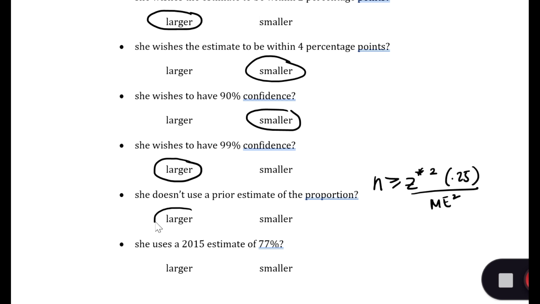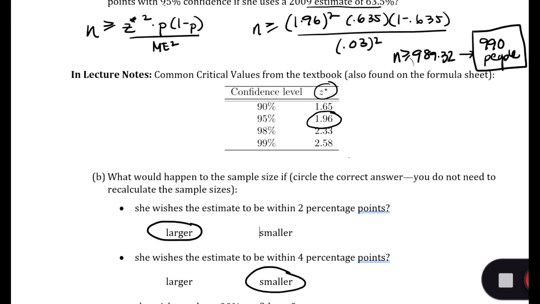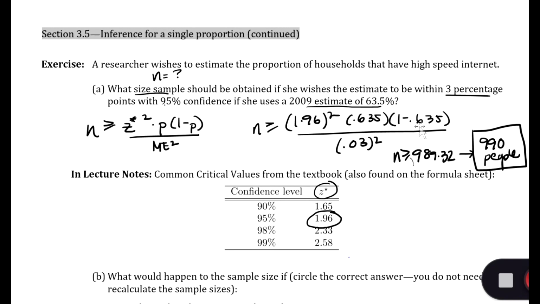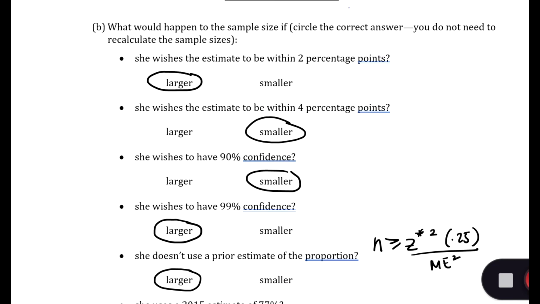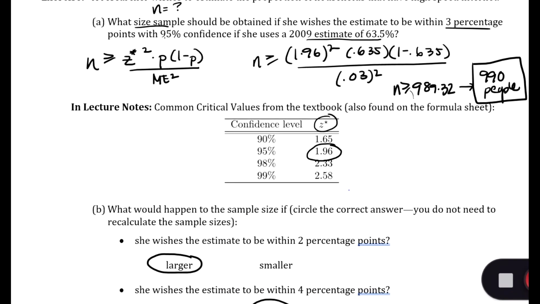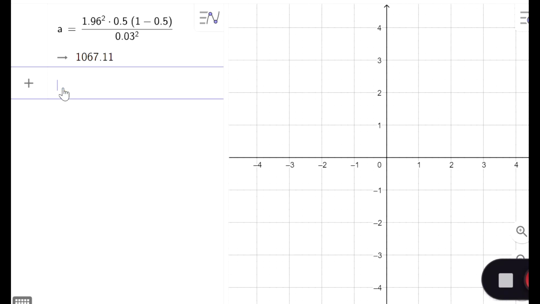So let's think about why this is the case. When we are multiplying in our formula here, if I have 0.635 times 1 minus 0.635, let's just do it real quick, it becomes smaller, 0.23.